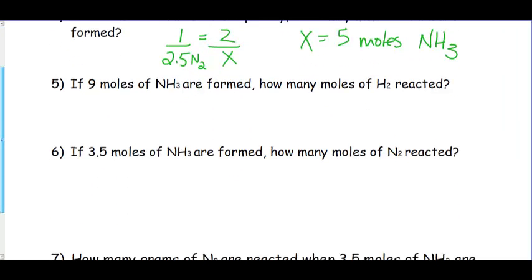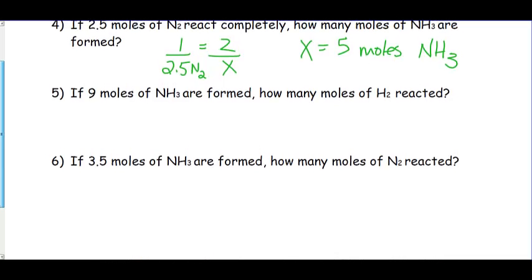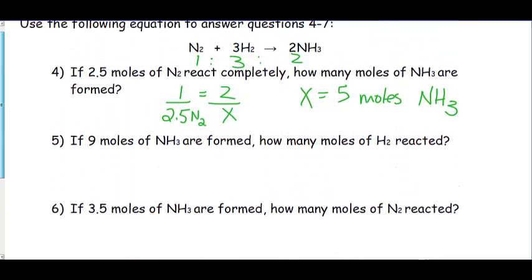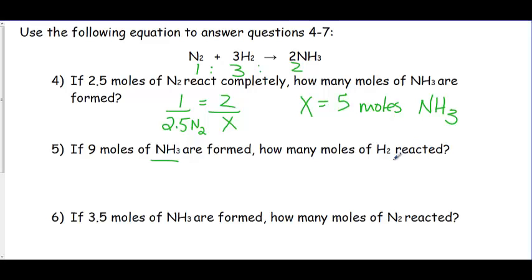5. If 9 moles of NH3 are formed, then how many moles of H2 are reacted? So this is what we're dealing with, these numbers. Okay, so NH3, let's look at that. The proportion is 2, and that's going to give us how many do we need? 3 hydrogens. Okay, they give us 9 moles of NH3, so that goes on that portion of the equation, and 3 over X. That's what we want to know, how many moles of H2.